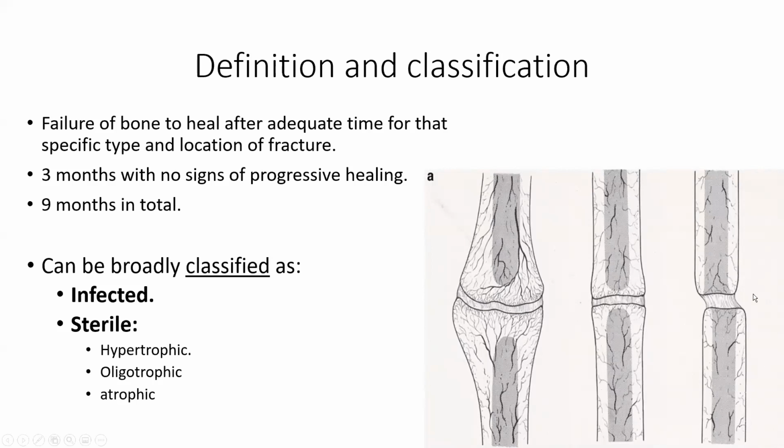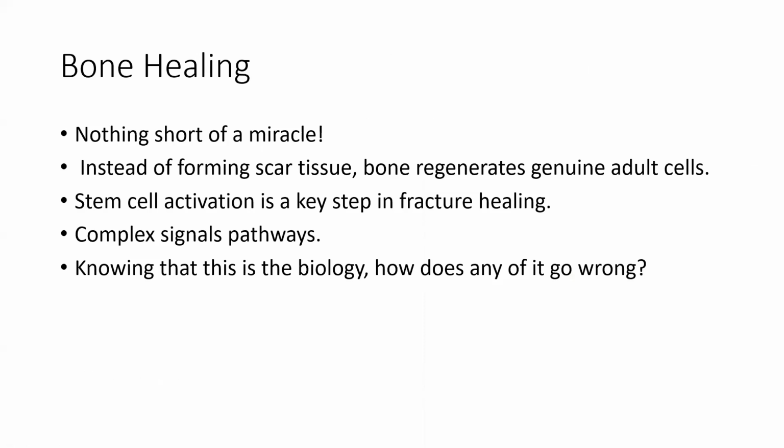When I was preparing this topic, I decided that in order to talk about non-union, we need to know a little bit about union itself. So how does bone heal? Whenever we understand the conditions and the way the bone heals, we can understand when it goes wrong.